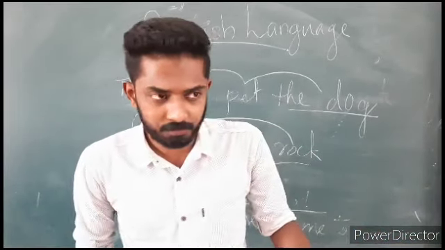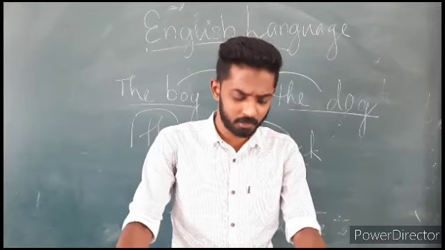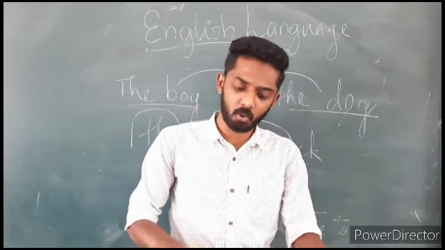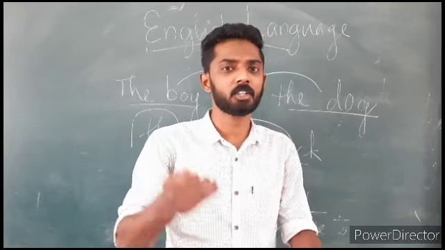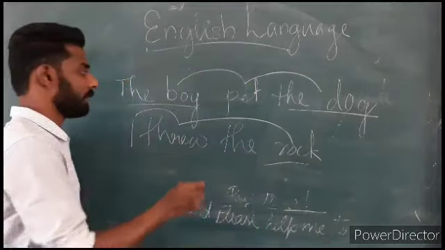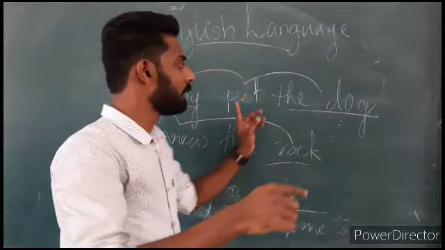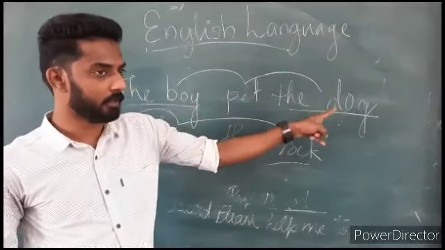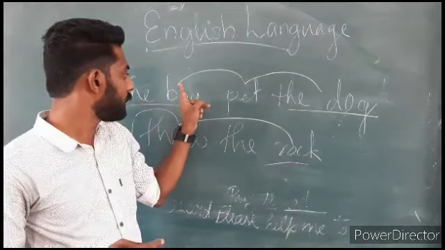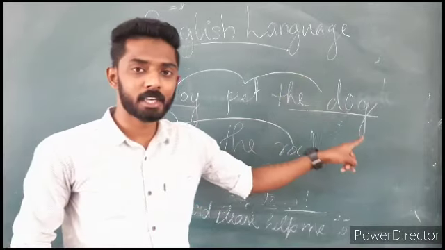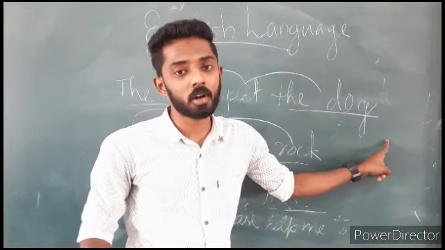So this is the main idea or concept which we are speaking about. What is a transitive verb? A transitive verb shows an action which passes over from the subject to the object. The subject did the action, and the object got affected by the action.